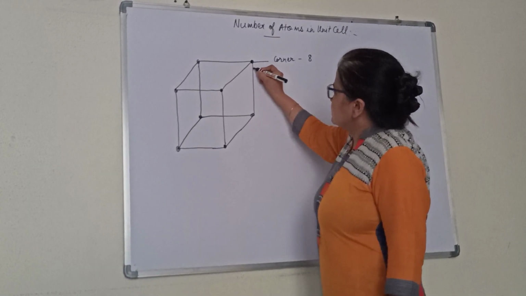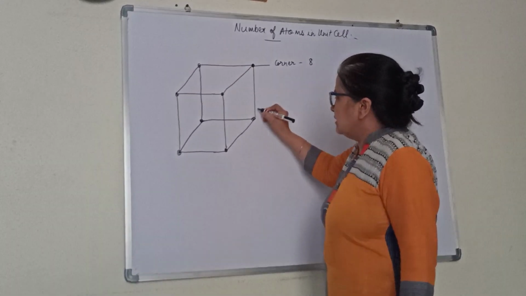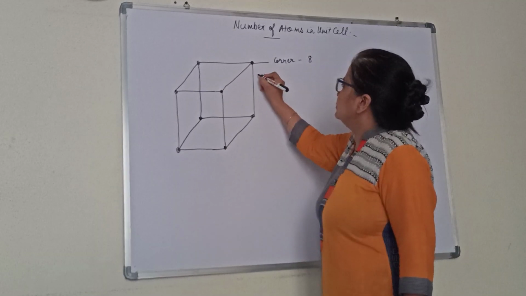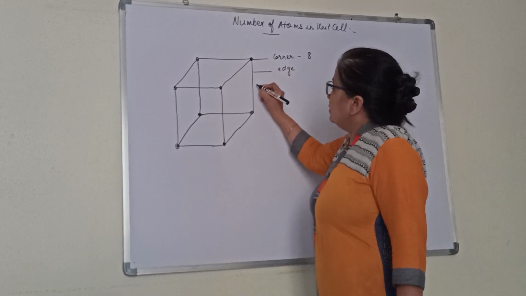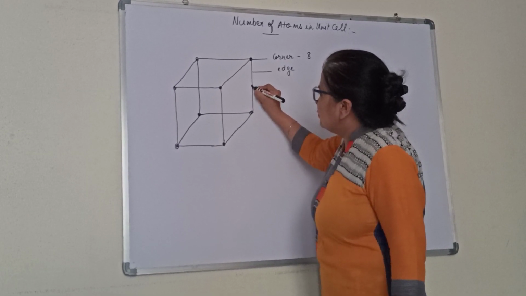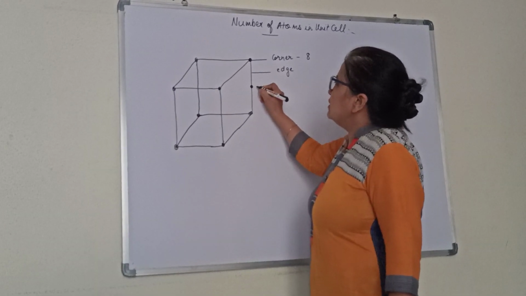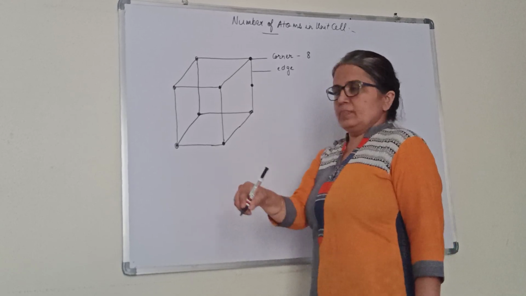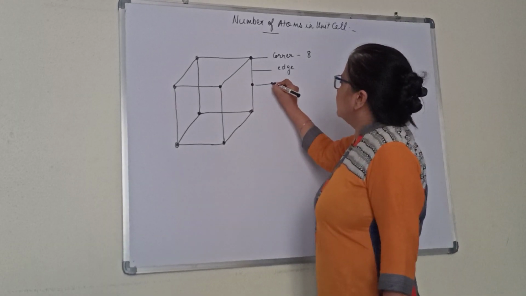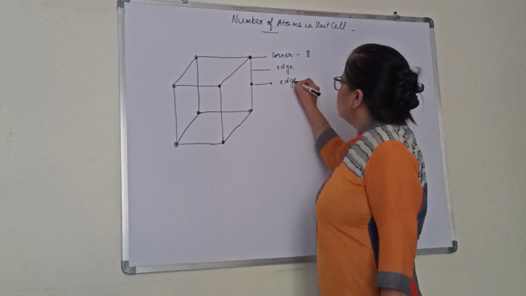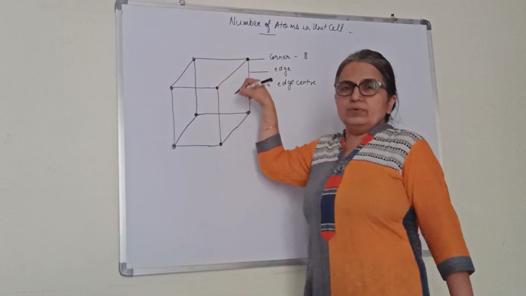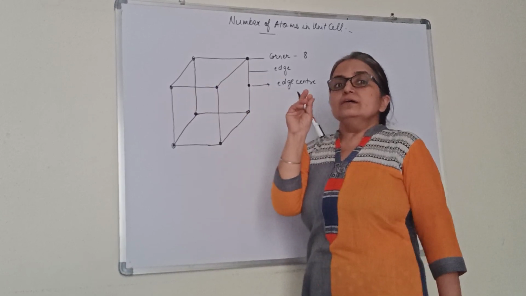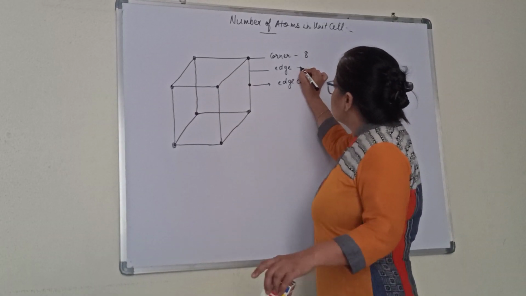Now, this is a straight line, and this is called an edge. If I mark this particular point, it will be called the edge center. And how many edges are there in a unit cell? There are 12 edges. I will explain again just now.